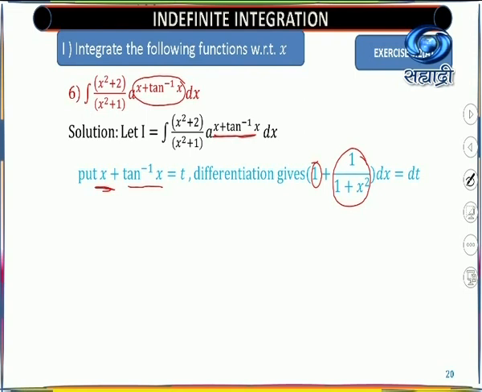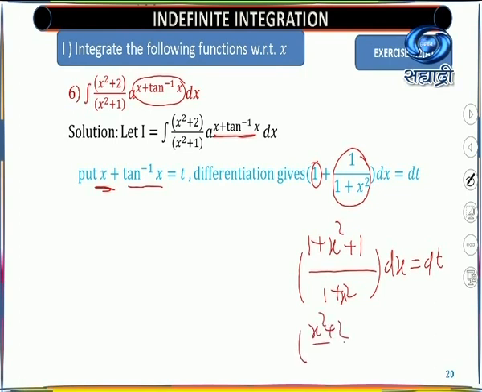Here we'll take the LCM, so that (1 plus x square plus 1) upon (1 plus x square) dx. This side we need to simplify. So you will get dx equal to dt. That means what? This is (x square plus 2) upon (x square plus 1) dx equal to dt. Look at your now integrand. What it is given?